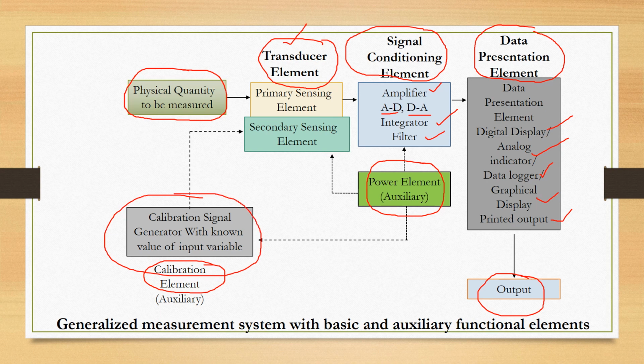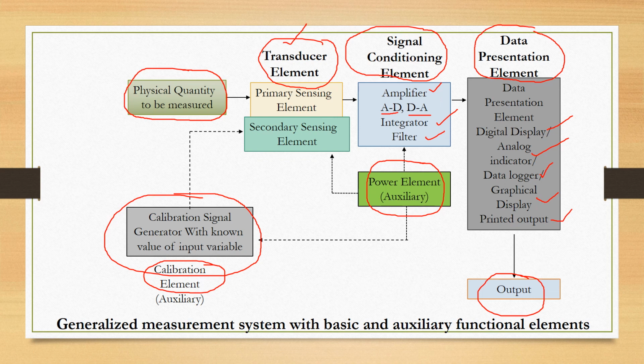This is shown by the dashed lines because we may need them, or we may not need them. It also depends on the situation. Sometimes you need auxiliary elements and sometimes you do not need them.